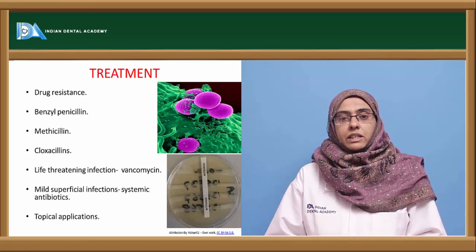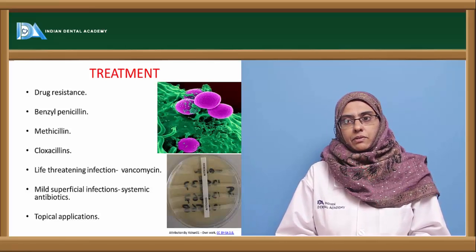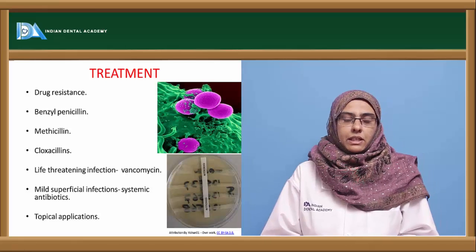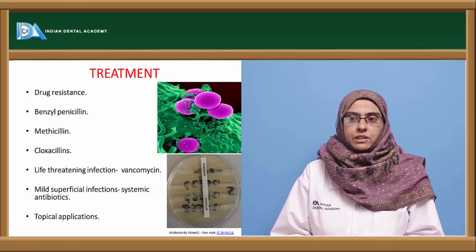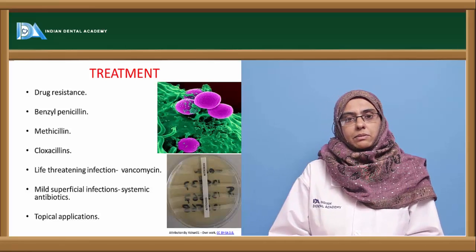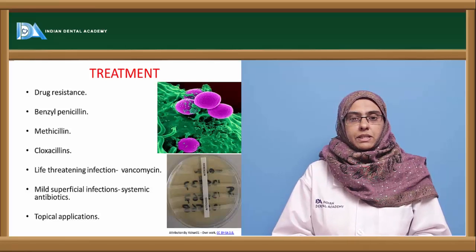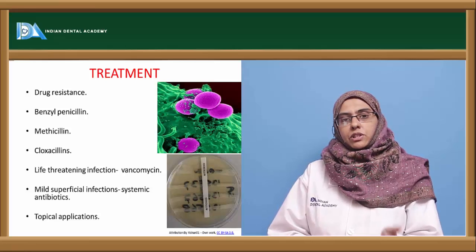the problem over here is that these organisms have developed drug resistance towards different types of antibiotics. So initially benzyl penicillin was the drug of choice to treat the infection, and because these organisms have started producing beta-lactamase enzyme, which inhibits the penicillin activity, treatment shifted to the administration of methicillin.